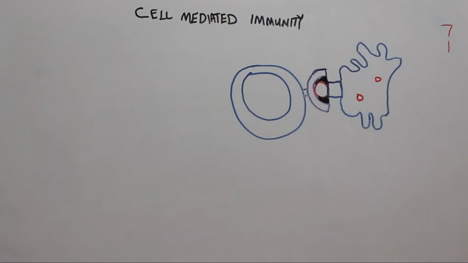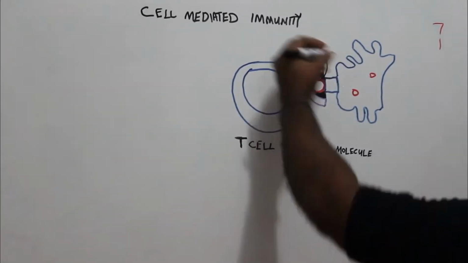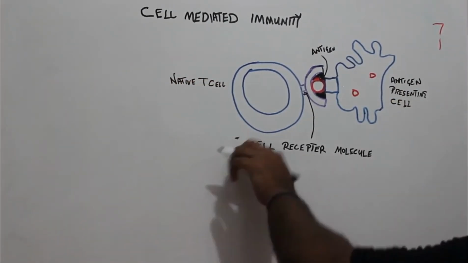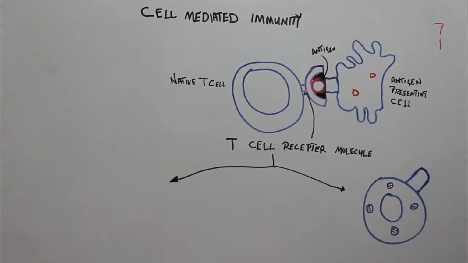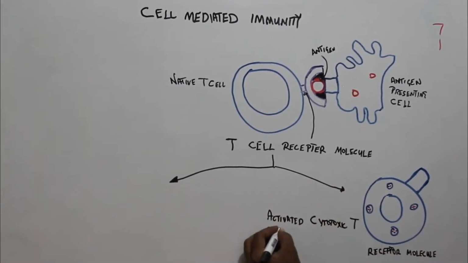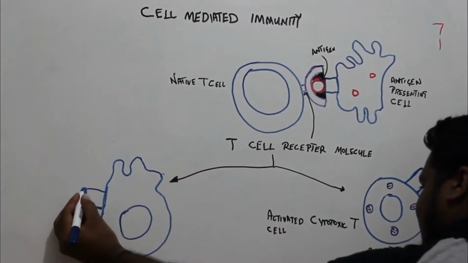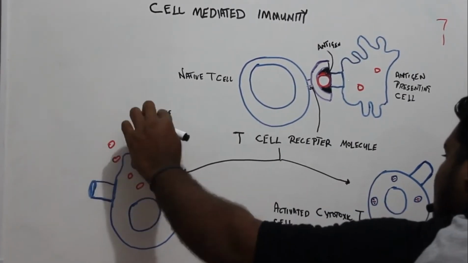T cells will be activated towards an antigen once they encounter the antigen displayed on an MHC2. When a virus or bacteria enters the cell, T cells are activated when encountering an antigen on the infectious cell that is presented on the MHC2 of the antigen-presenting cell.